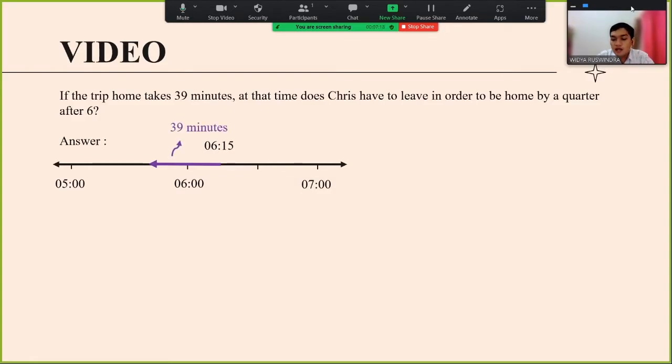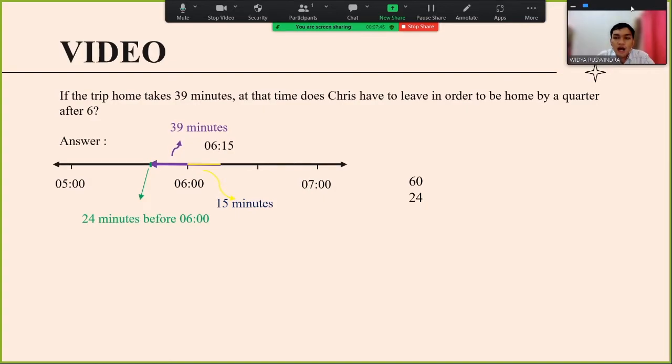Okay, we go back 30 minutes before 15 minutes after 6 o'clock. Okay, a quarter after 6 to 6 o'clock is 15 minutes. So we know the time Chris has to leave is 24 minutes before 6 o'clock.